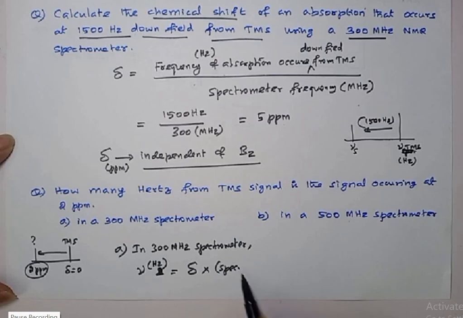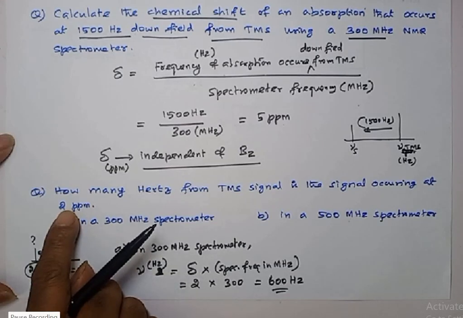So this is 2 ppm, this is 300 megahertz. 300 into 2, I'll get 600 hertz.